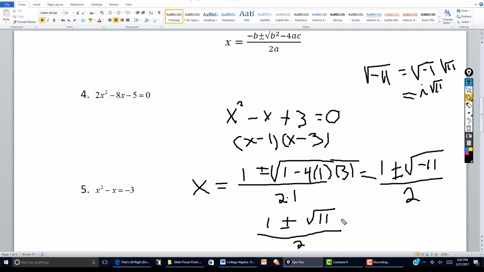So avoid putting the i over here, because sometimes if you put it over here, you make this radical sign too large. It doesn't go underneath the radical. So just to make sure it's clear, we'll put it in front. So this is an equation that has imaginary or complex solutions. Okay.